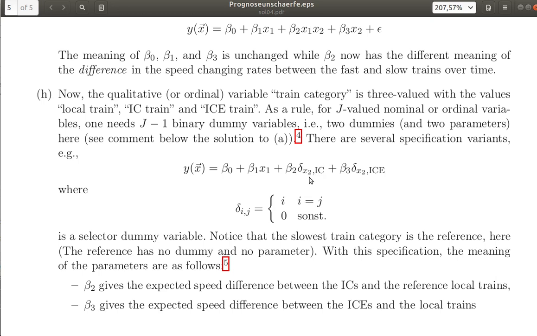That means this dummy is 0 if the category is either local or ICE, and here we have another dummy which is only 1 if it's an ICE, and 0 if we have IC or slow speed. And then obviously beta 2 is the difference in speed, the expectation, between ICs and the reference, which is the local train, and beta 3 is the difference between ICE and the local train.